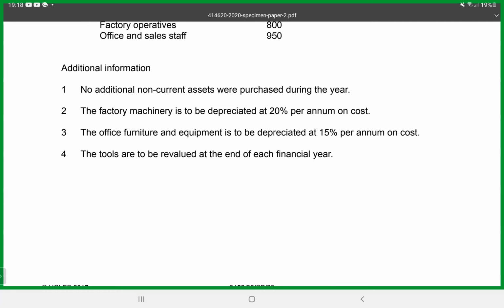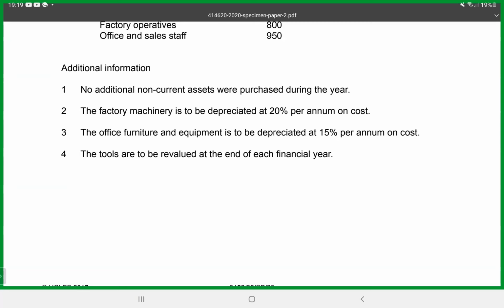The factory machinery is to be depreciated at 20% per annum on cost. So the factory machinery was to be depreciated on a straight line method, right?